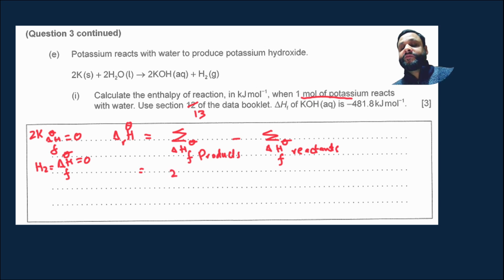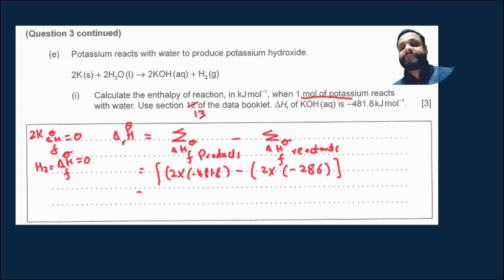So we'll have 2 times minus 481.8 minus, if we look in section 13 of the data booklet, delta Hf for water is minus 286. So 2 times minus 286.